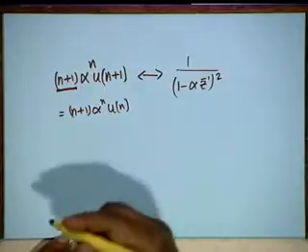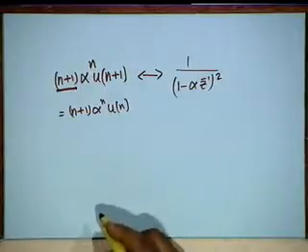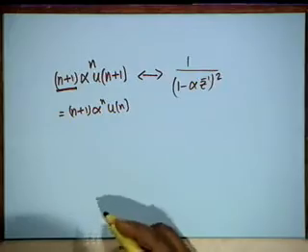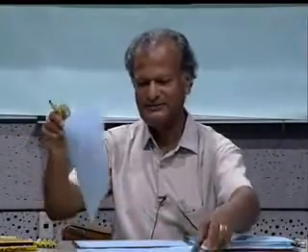You can now collate the final result, and the expression that I get is the following. The final result x of n is equal to, now I truncate, 0.2231 times minus 0.6 to the power n. I have gone up to 4th place.